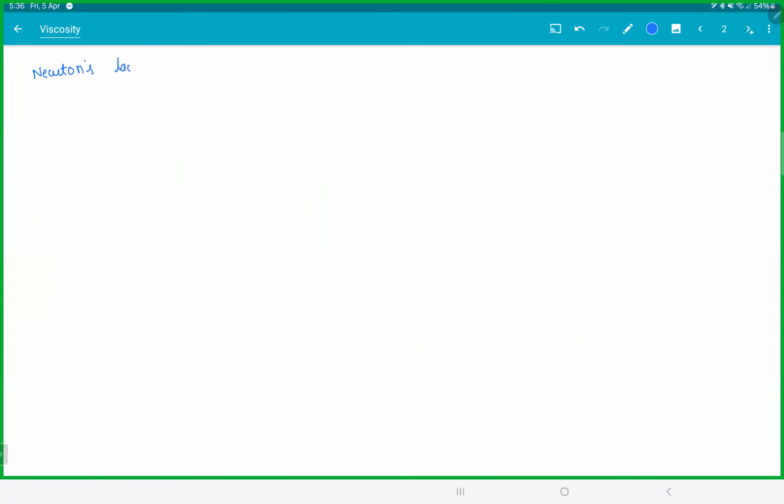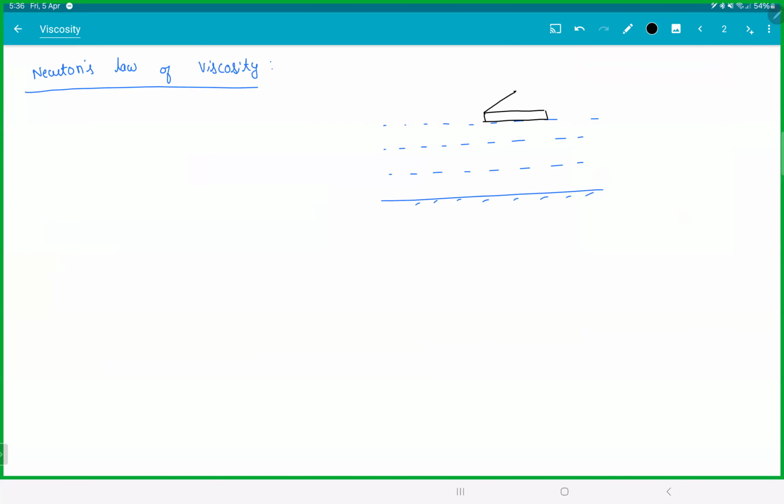Newton's law of viscosity. I know this guy is there everywhere. So what this says: if you have a fluid, and let's say we have a plank here, area A, and it is going with velocity V, the liquid applies a viscous force, F viscous, opposite to this.